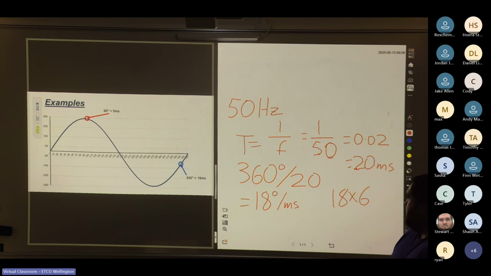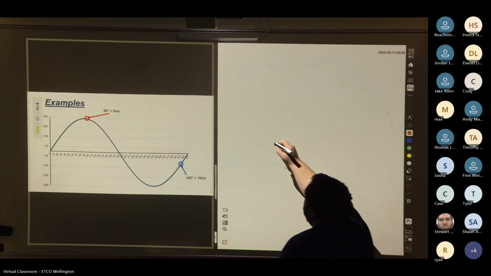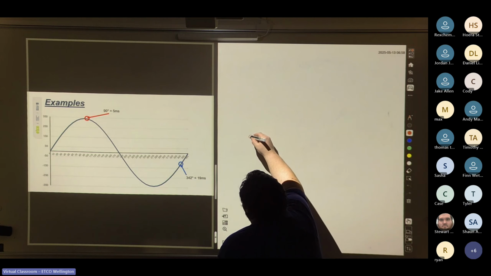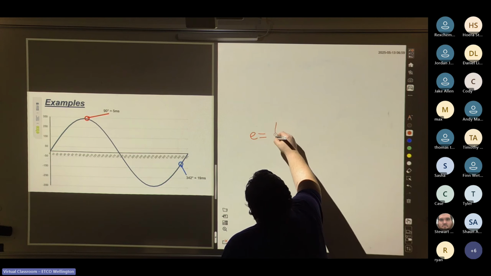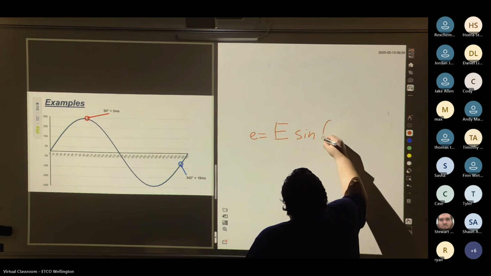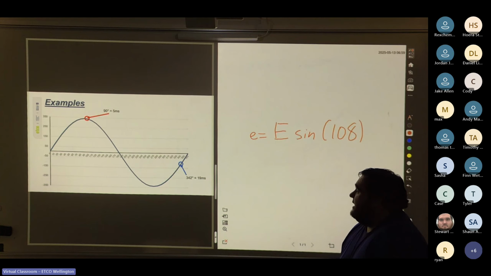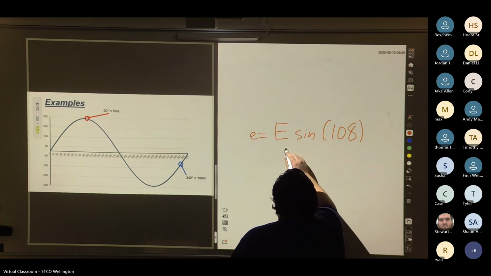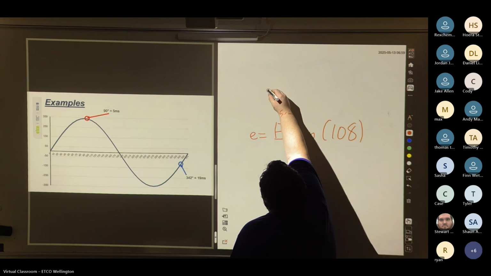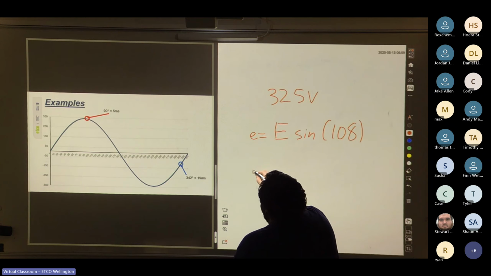Cool. So we can then take E is equal to E max sine 108. Cool. And if our E max is 325 volts, E is equal to what?